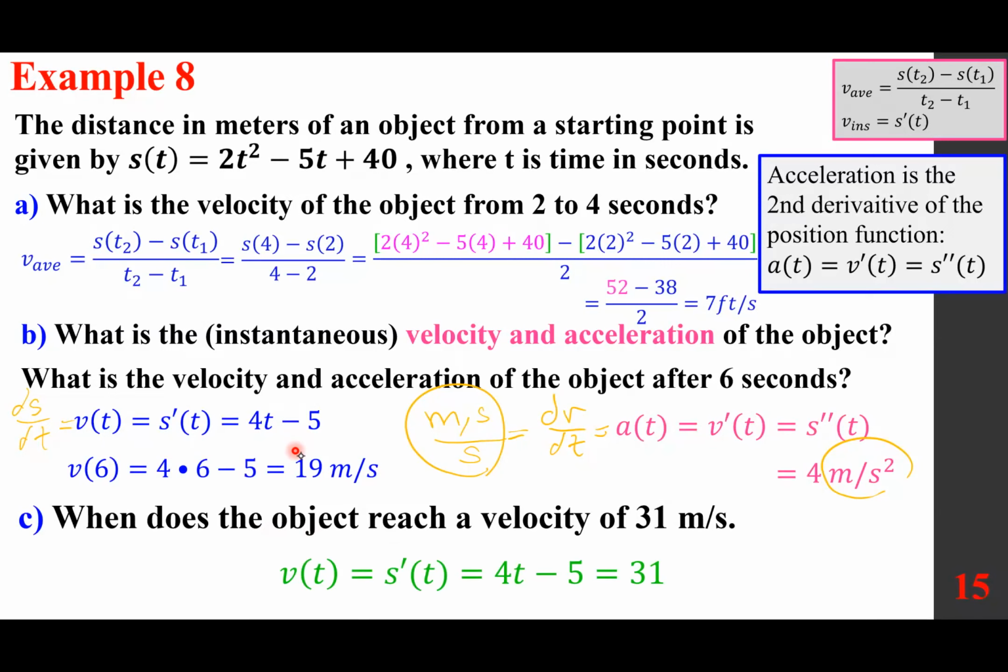So if I set this equal to 31, I get 4t equals 36. If I divide both sides by 4, t becomes 9 seconds.